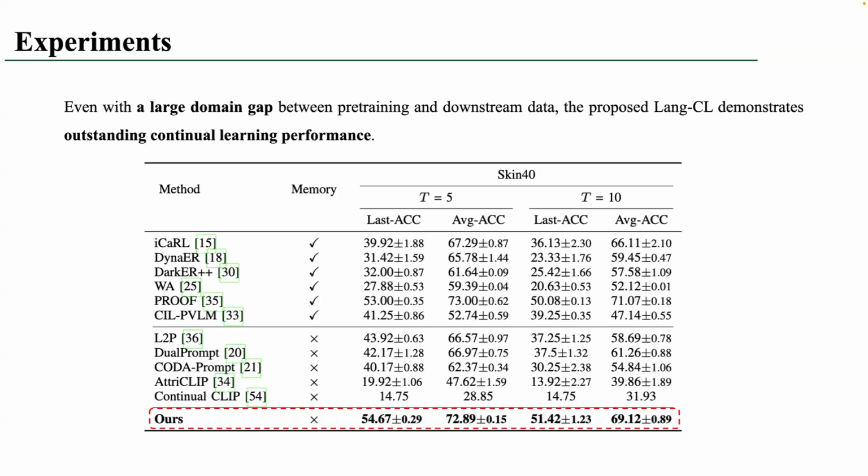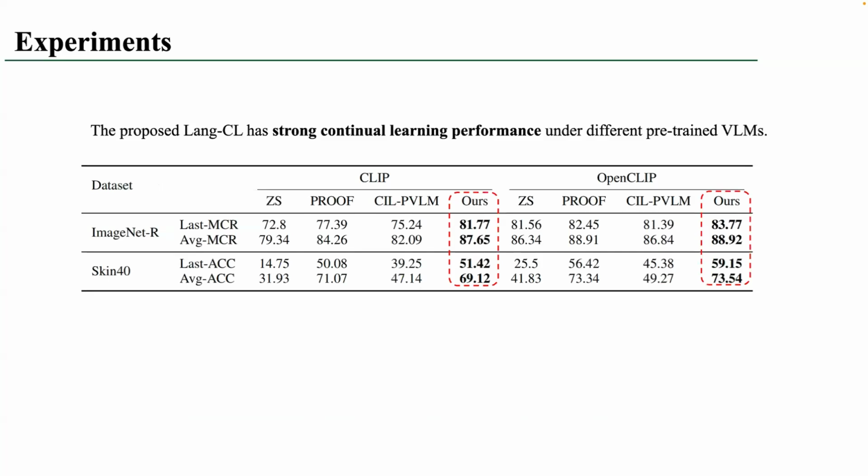This result demonstrates that even with a large domain gap between pre-training and downstream data, the proposed LangCL still shows excellent continual learning performance. This result demonstrates that even under different pre-trained vision language models, the proposed LangCL can achieve strong continual learning performance.